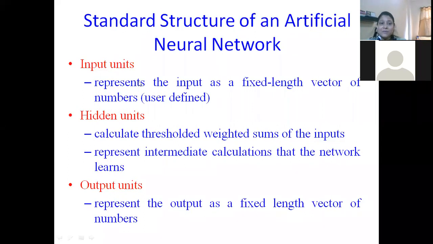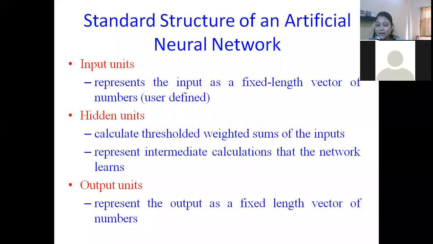It comprises input units or input layers, which take inputs as fixed length vectors or numbers, user defined obviously, and some hidden units, the intermediate parts I have just mentioned between the input side and the output side, which calculate the threshold weighted sum of the inputs and can represent intermediate calculations that the network learns.